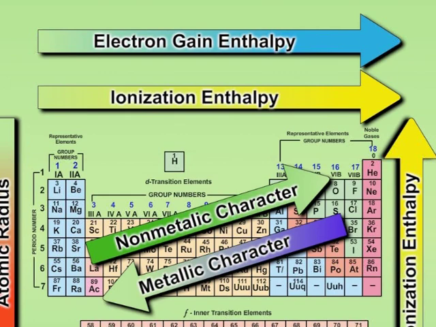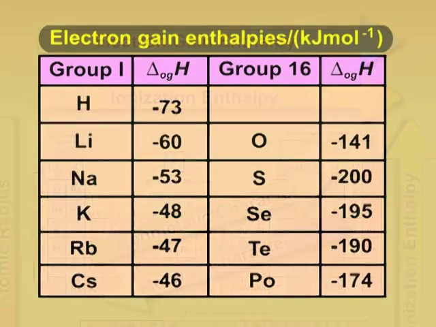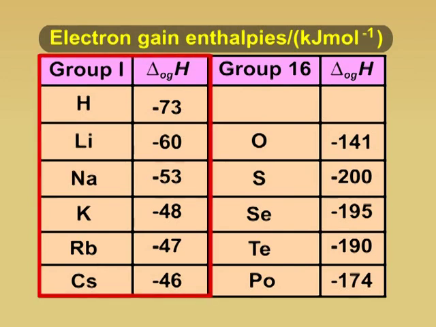We should also expect electron gain enthalpy to become less negative as we go down a group, as we see in case of first group elements from hydrogen to cesium, because the size of the atom increases and the added electron would be farther from the nucleus.